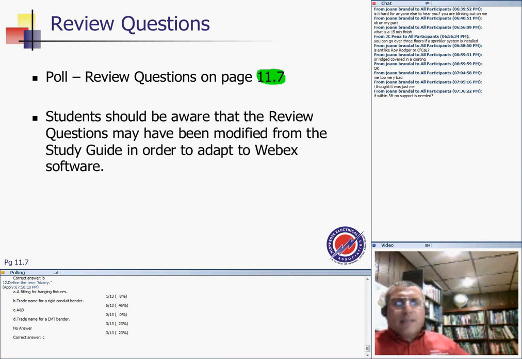So long story short, if you have conductors number 4 or larger, you need an insulating bushing no matter what. If conductors are smaller than number 4, then you only need them if you have threaded connectors, not threadless connectors, if that makes sense. If you have threadless connectors, you do not need an insulating bushing for conductors smaller than number 4, which is number 6 and smaller.